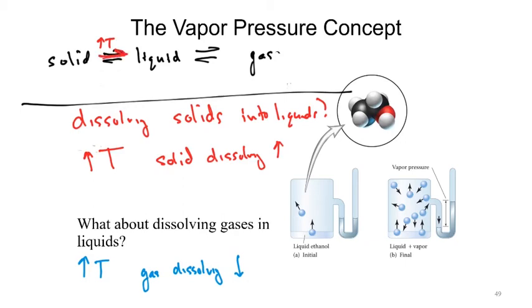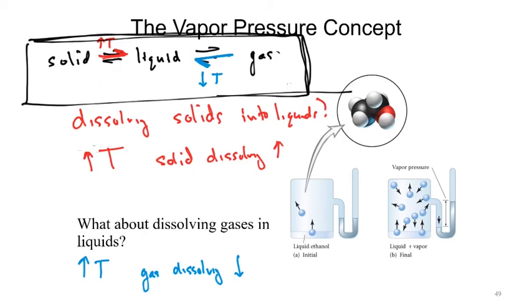When I'm looking about dissolving a gas, I'm taking a gas and trying to turn it into a liquid. Well, to go from gas to liquid, I don't add heat, I remove heat. That's why the temperature needs to decrease. This is why we're seeing an apparent contradiction. It's not a contradiction if we understand how we transition between our phases with melting points and boiling points and all of that fun jazz. So that's kind of neat.